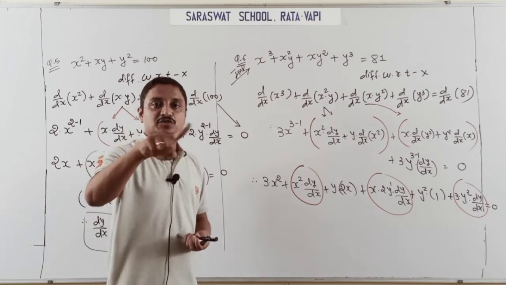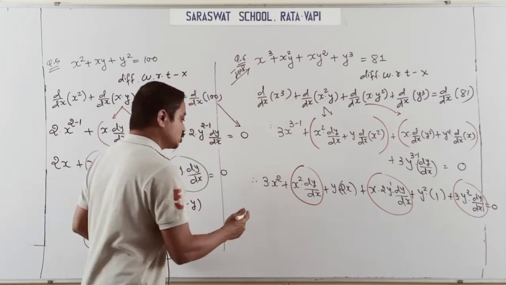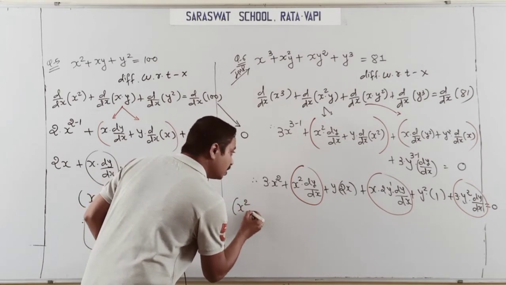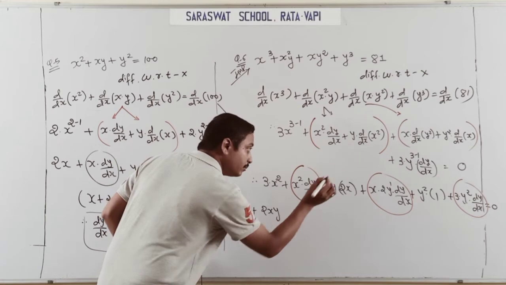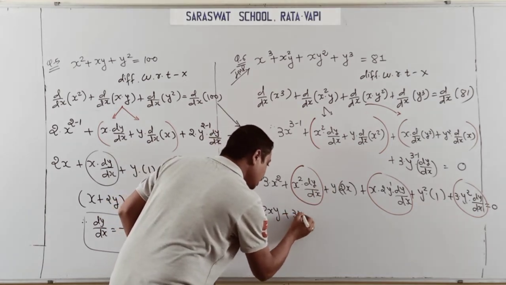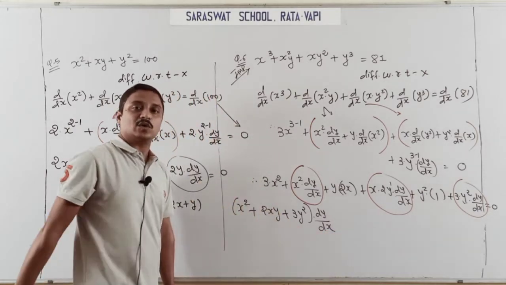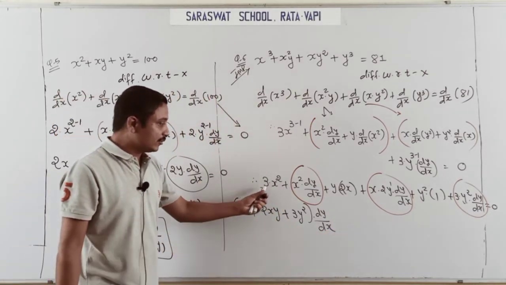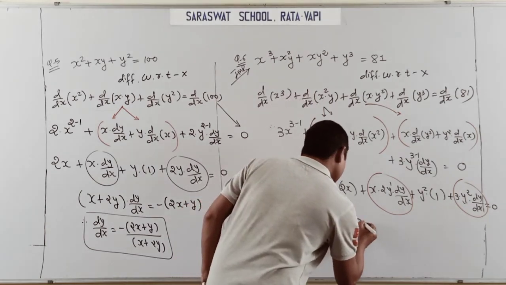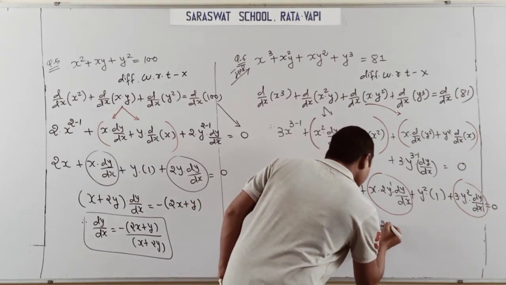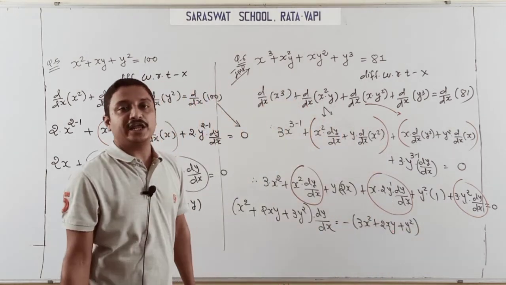You also highlight using a pencil in your notebook, and all are combined for checking. So x square plus 2xy plus 3y square dy by dx, take common, and the other terms, 1, 2, 3, all taking to the right side: 3x square, 2xy, y square, minus, common carried outside.